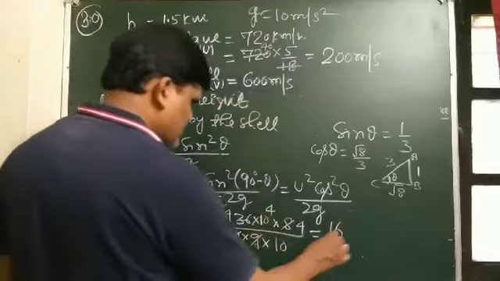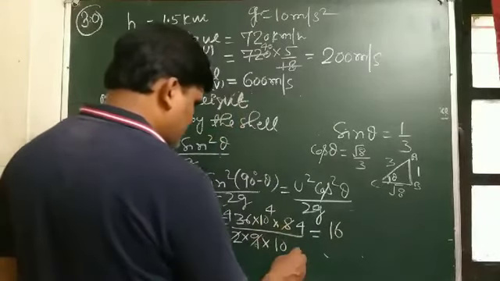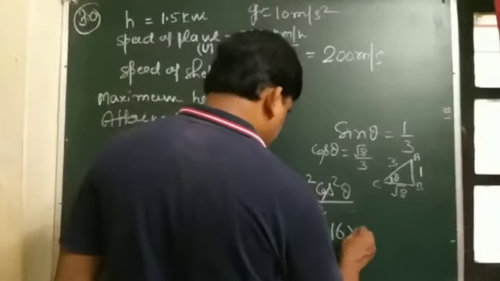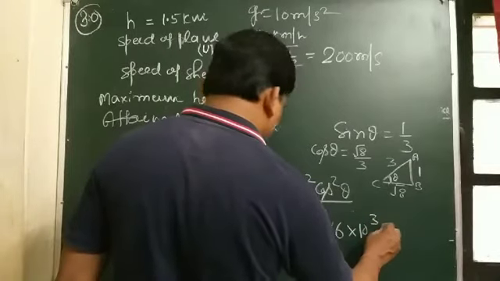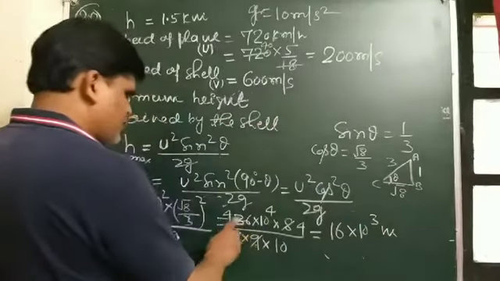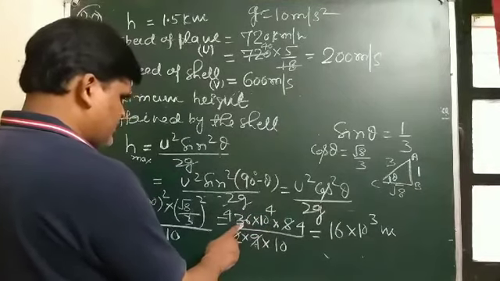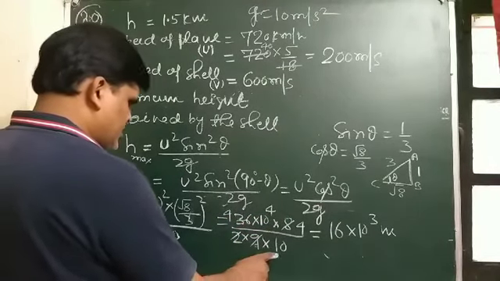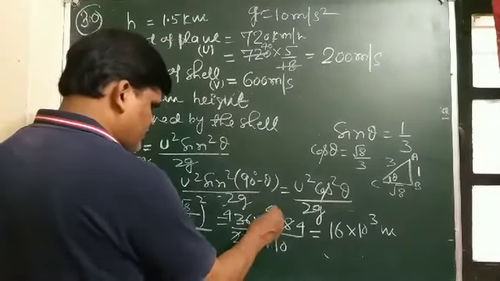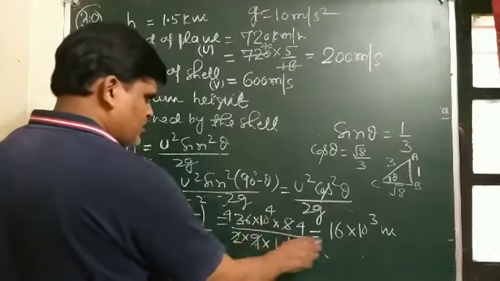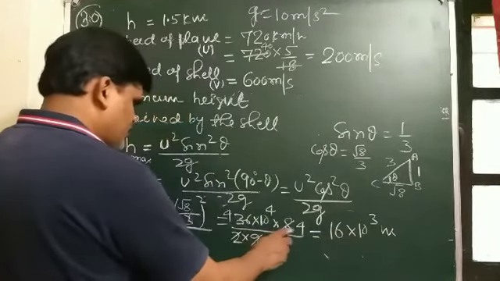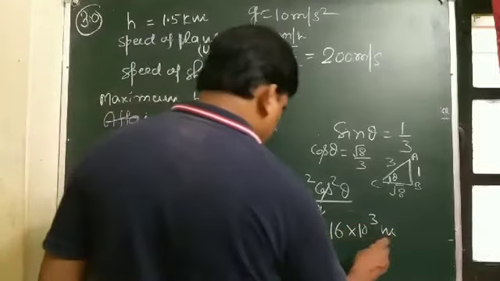And student, this 10 one cancels out, so it is written as 10 to the power 3 meter. So 4 fours are 16, and here 10 to the power 4, here 10 to the power 1, so 10 to the power 3, and 16 meter.